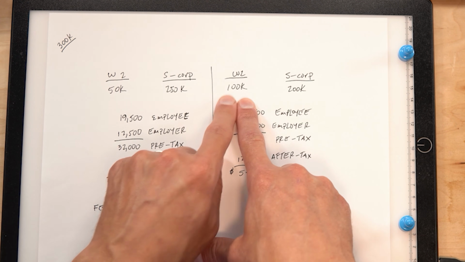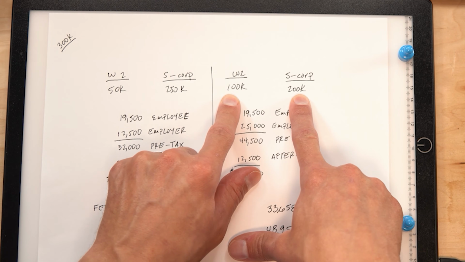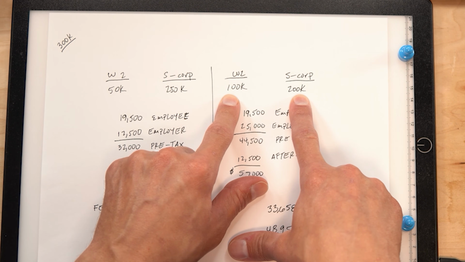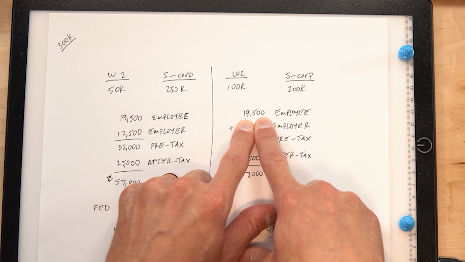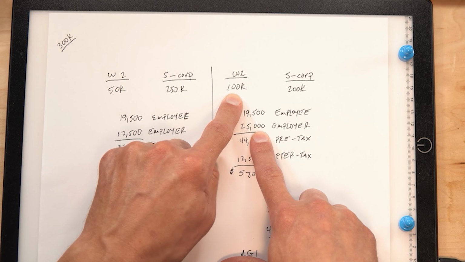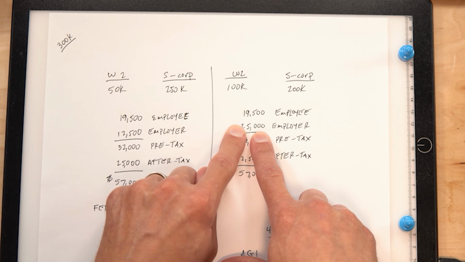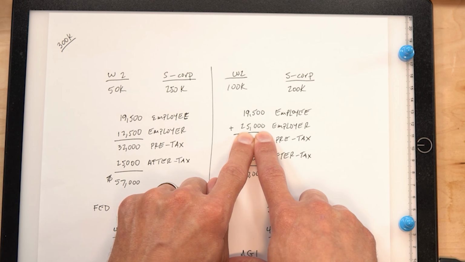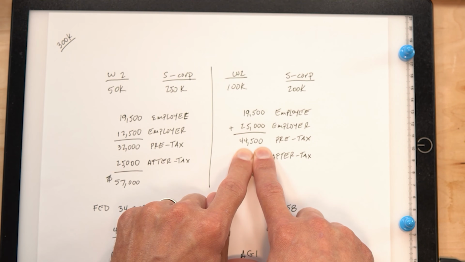Now, if we jump over to the $100,000 example and only do $200,000 in distributions, then the amount that we can put in as an employee is exactly the same. The employer side increases because our W-2 increases. So going from 50 to 100 now allows us to save double the amount as well at $25,000, and that's $44,500.